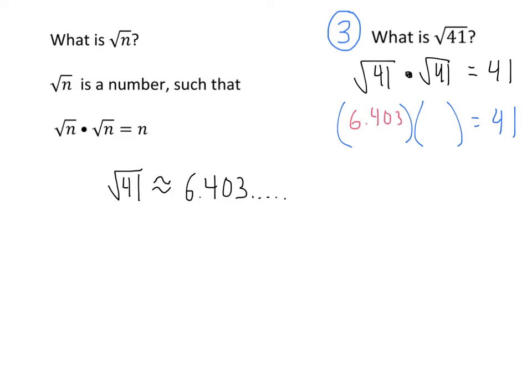If I multiply 6.4031 times 6.4031 on the calculator, you get really close to 41, like 40.999 something. The reason it's not precise is because this number is a decimal that goes on forever. But I want you to understand why the square root of 41 equals this: because if you multiply it times itself, you get 41.